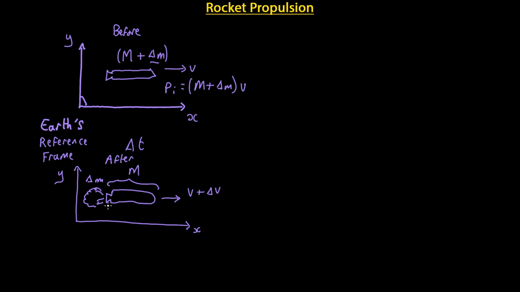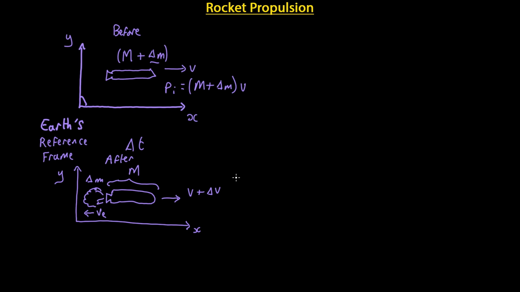And the velocity of the exhaust is equal to V sub E. And this value here is in reference to the rocket itself. So if you were sitting on the rocket here and you were observing this fuel rushing out the back and you measured its speed, this is the value you'll get.